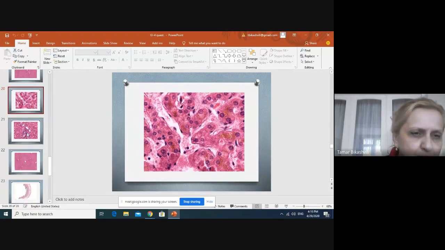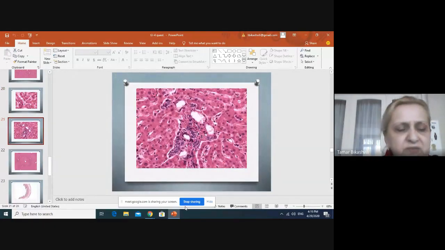Then what can we see in this micrograph?